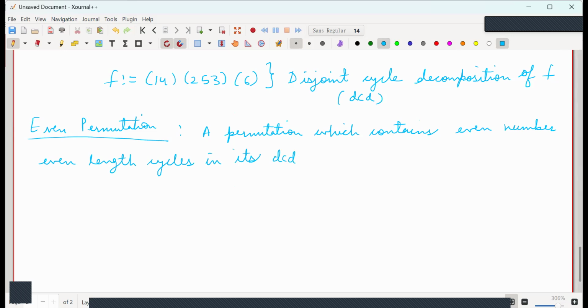Right? And the point to note is that there is no restriction on odd length cycles.